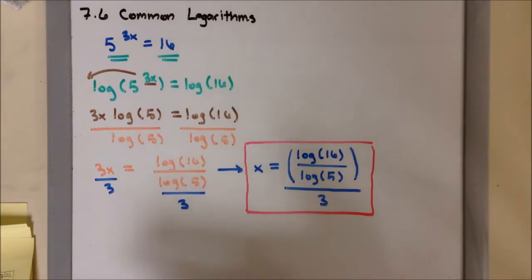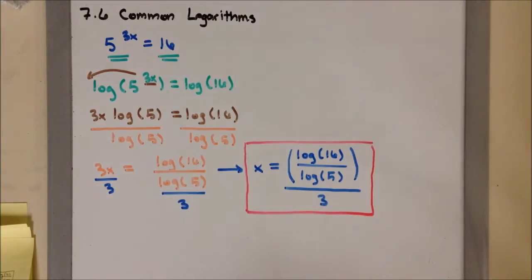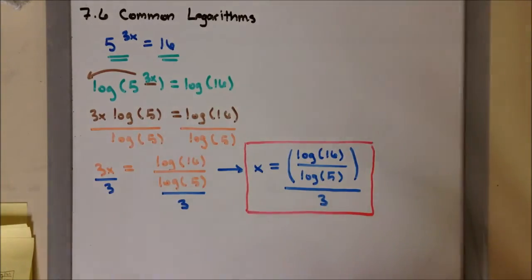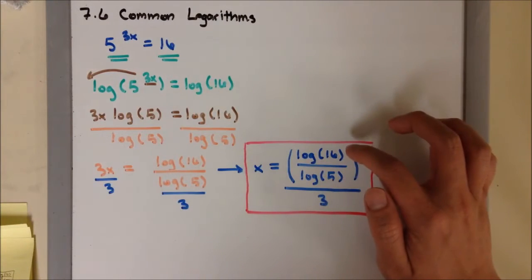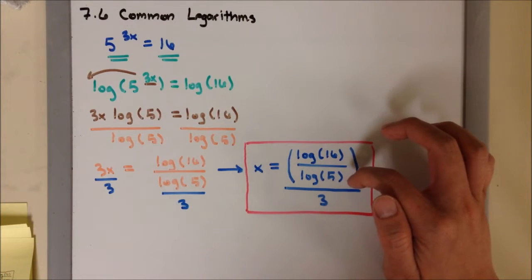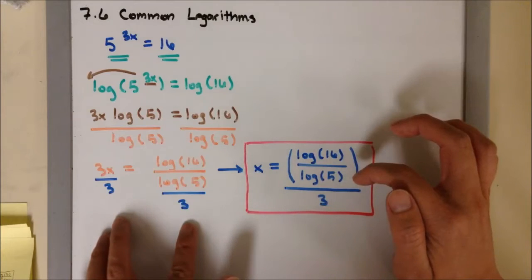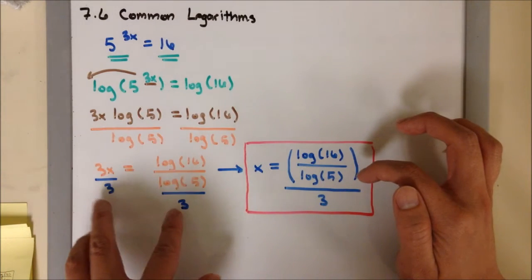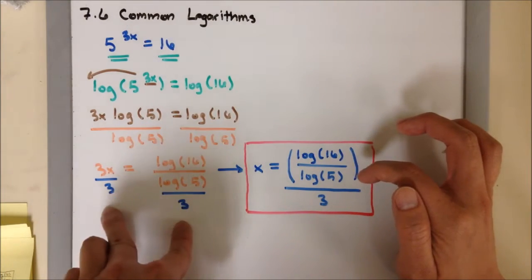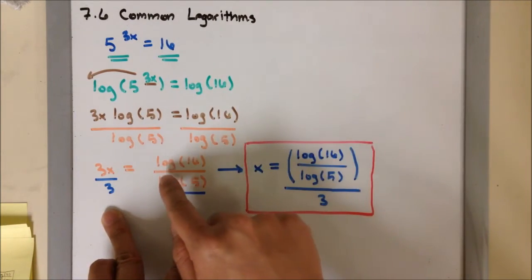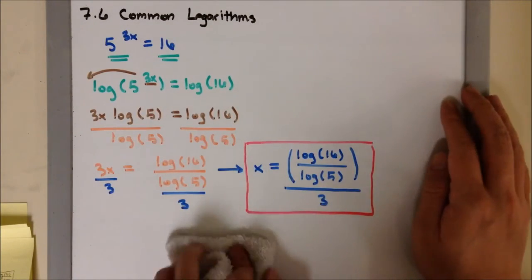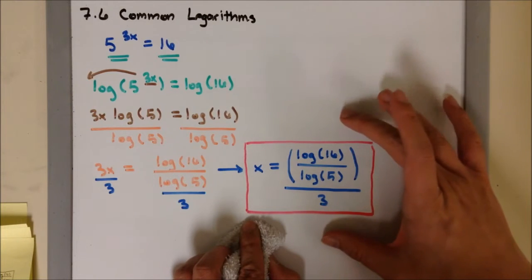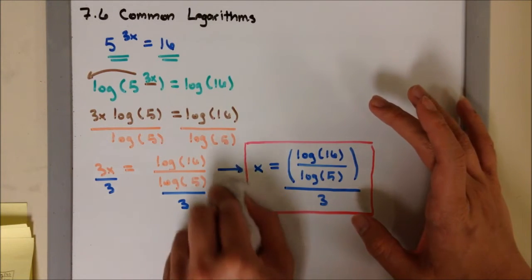Now, if you are trying to evaluate the value of x, what you would do is evaluate log of 16 over log of 5. So, instead of dividing by 3 here, we're going to evaluate log 16 over log of 5. We're going to erase this to make room. But again, this will be the answer if you just solve for x without the calculator.